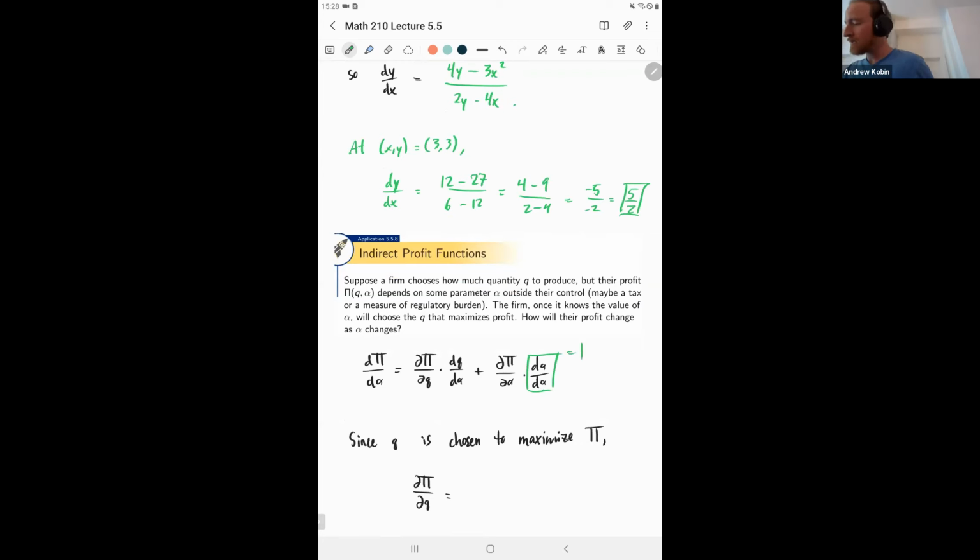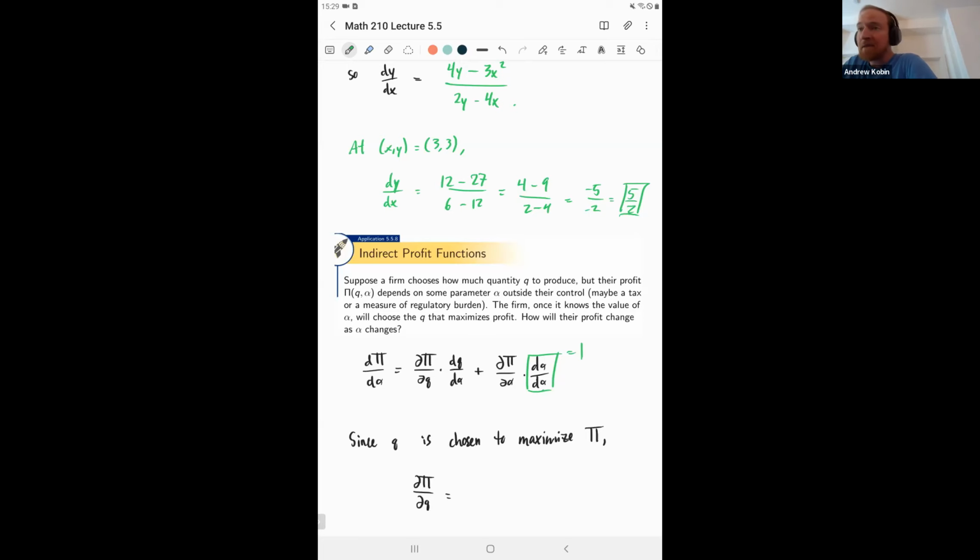On the other hand, there's something clever hidden in the statement of this problem that really allows us to hack away some of the extra notation here, which is that the firm in this case is choosing q after they know what alpha is in order to maximize profit. So if we choose q to maximize the profit, then any small changes in q in either direction, increasing or decreasing the quantity of production, would have a lower profit number.